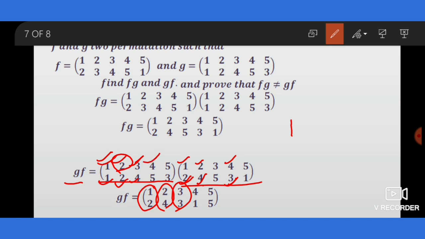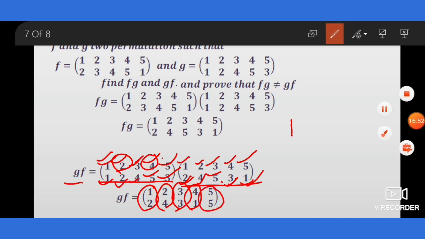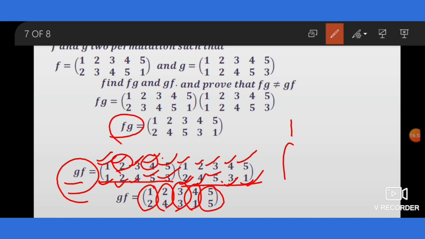Now again 4 is replaced by 5 and 5 is replaced by 1, then 4 is replaced by 1. 5 is replaced by 3 and 3 is replaced by 5, now 5 is replaced by 5. So fg does not equal gf.